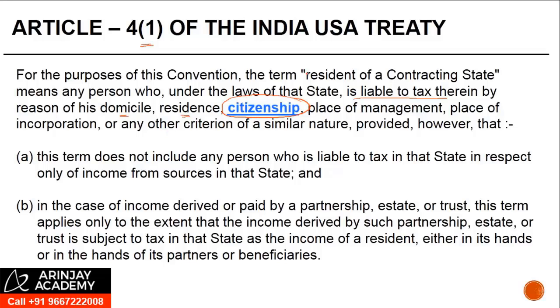Which means that if a person is a citizen of India or a citizen of the US, he will be considered a resident within the meaning of Article 4.1. But when I was looking at the India-Austria Treaty, this word citizenship was missing, which means that insofar as India-Austria is concerned, every citizen of Austria need not necessarily be a resident of Austria for the purpose of Article 4.1.